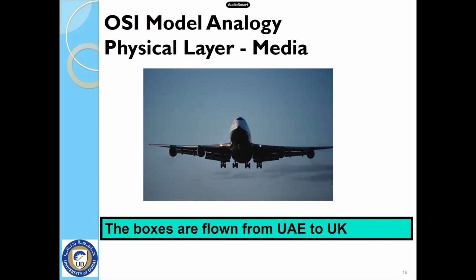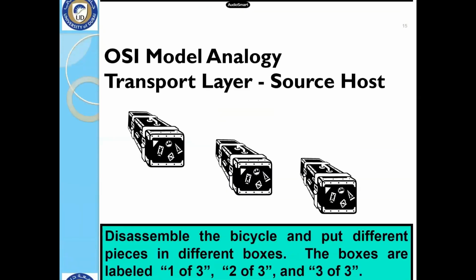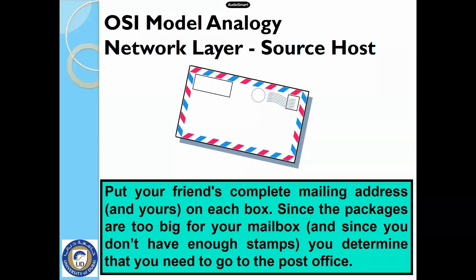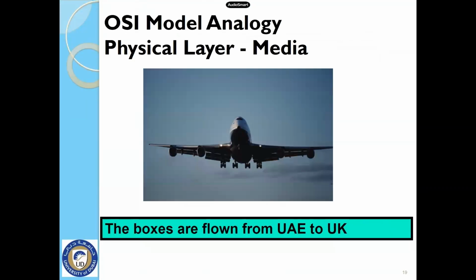Then at the 4th layer, you segment, you put the bicycle into boxes, and that is the transport layer. So this happens at your home. Then you put the address on each box, you give it to the post office, and they will send it. So this is at the sender side.